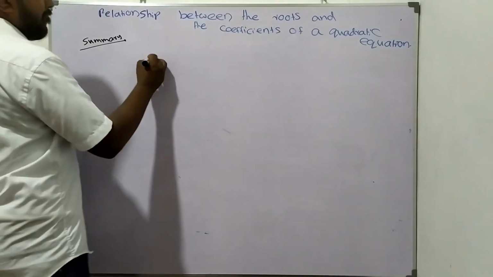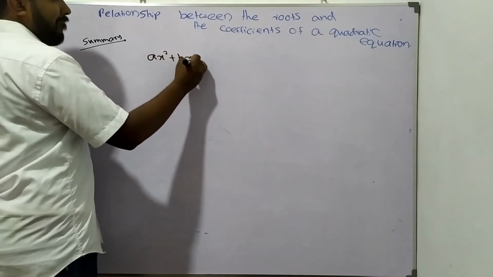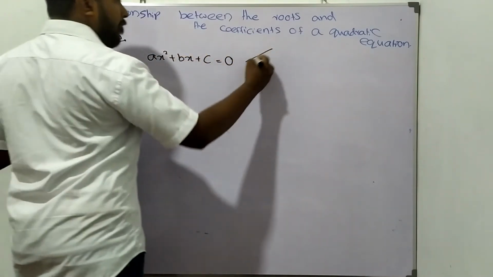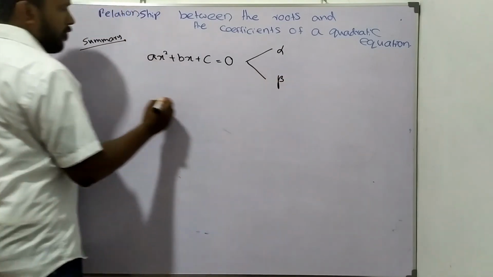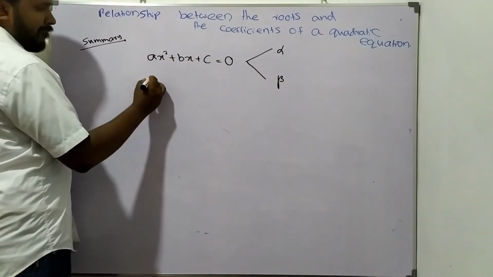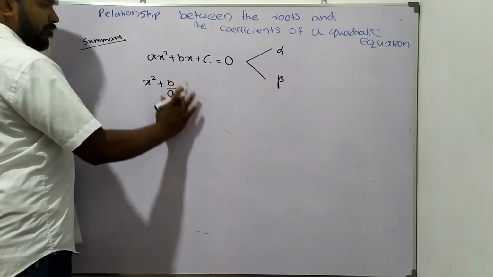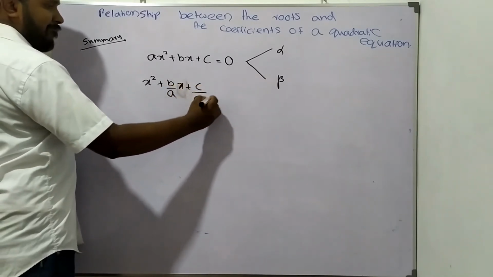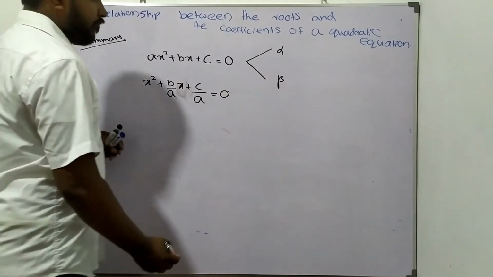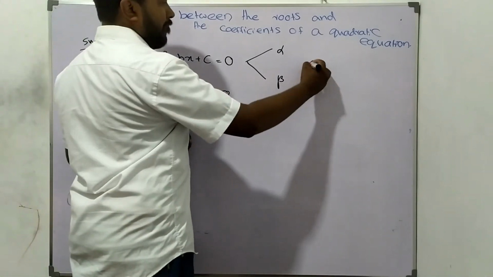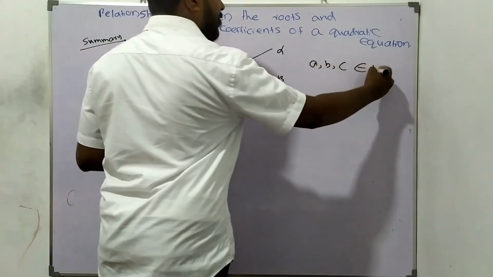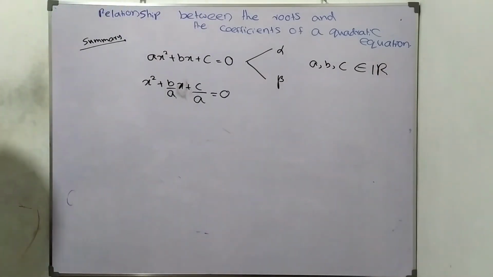Okay, let's summarize it. ax squared plus bx plus c equals 0 has roots alpha and beta. So I'm going to divide this all by a, then it's x squared plus b over a x plus c over a equals 0. Can you remember the previous result? We had the addition of the roots, where a, b, c are real.